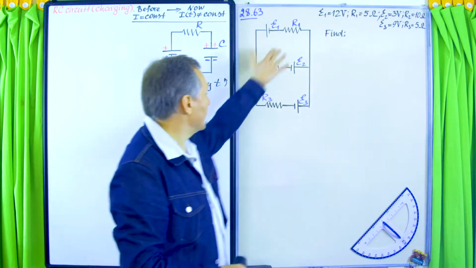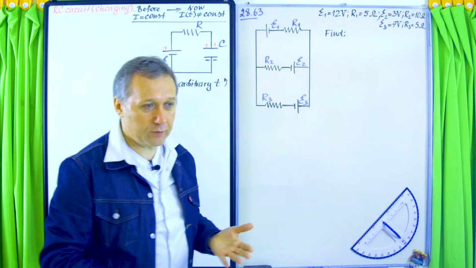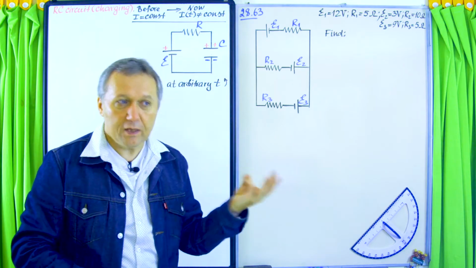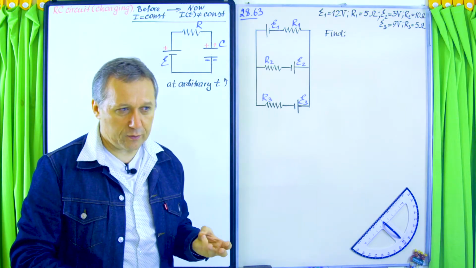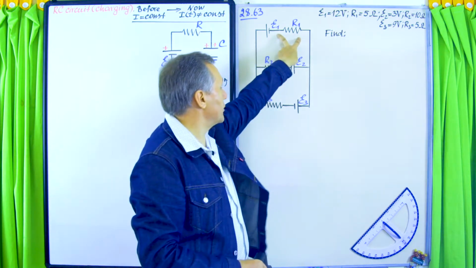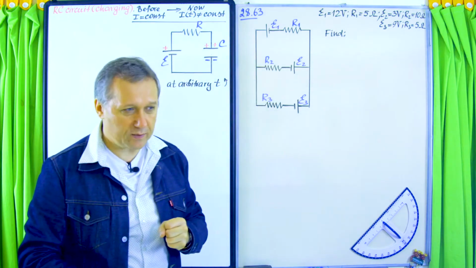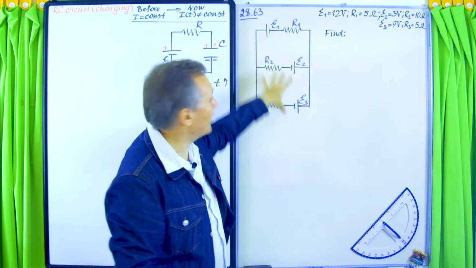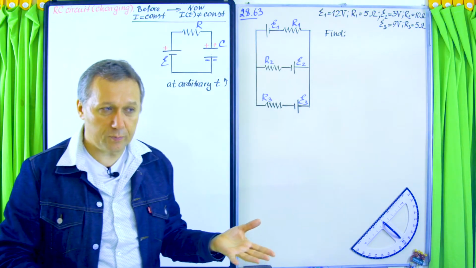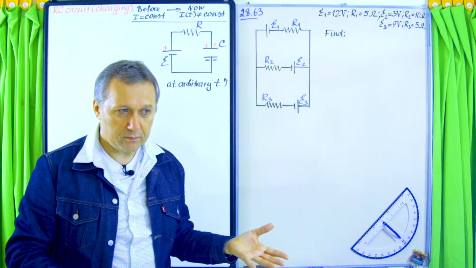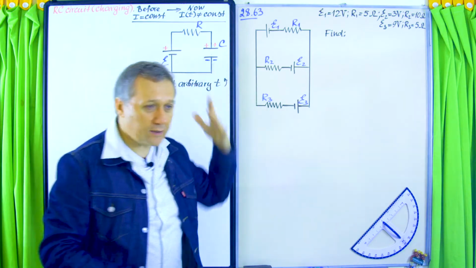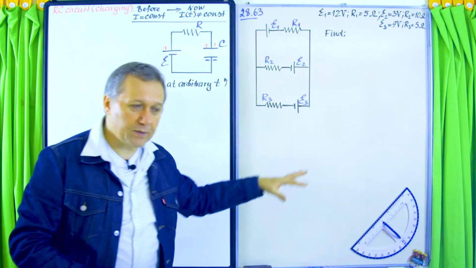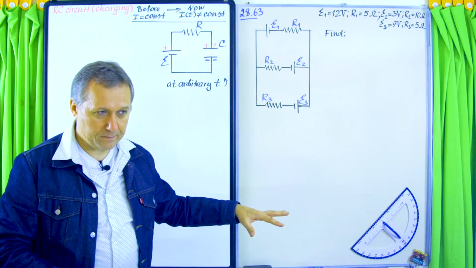Although graphically this resistor looks parallel to that one, from the point of view of physics they are not parallel, because the potential differences across this and that resistor are not going to be the same. Because we have batteries here. If you remove this battery and that battery, these two resistors would be in parallel, but not in this situation. So the method of an equivalent resistance is not applicable here.